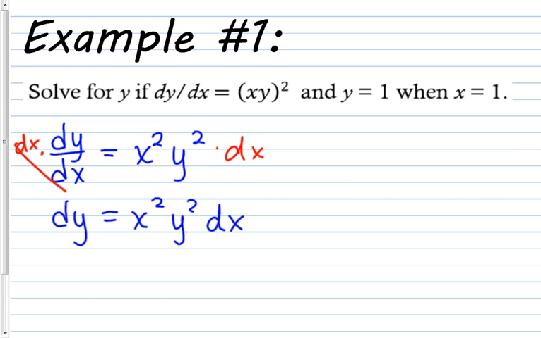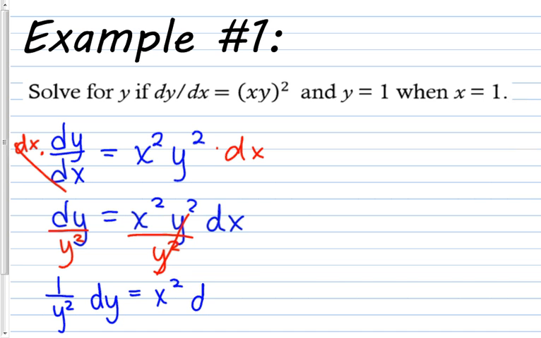So now what I'm doing right now is separating the differentials, the dy's and dx's, and the x's and the y's. So I have all the x and dx's on the right, so I'm going to go ahead and get rid of the y squared. Okay, so now I have 1 over y squared dy equals x squared dx.